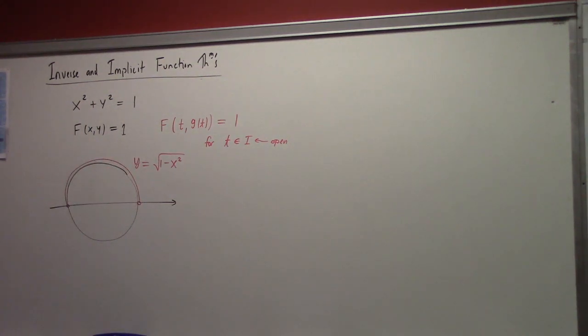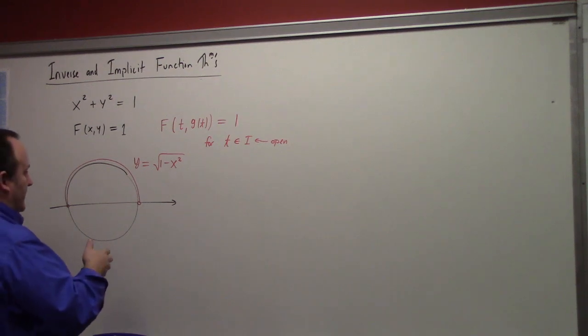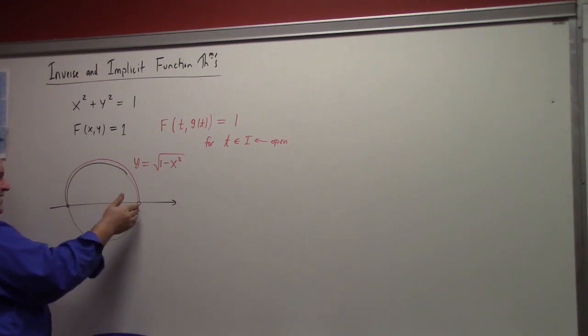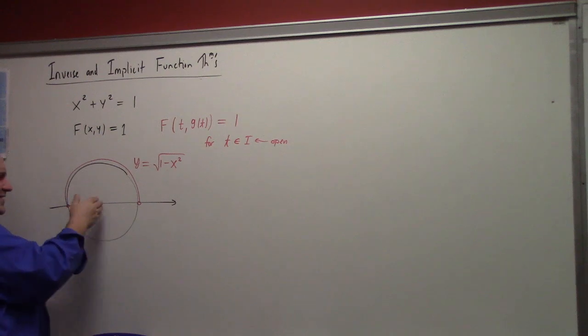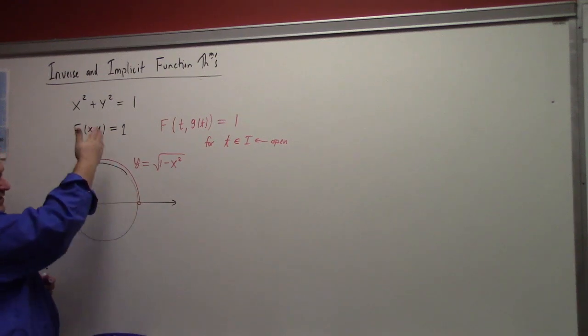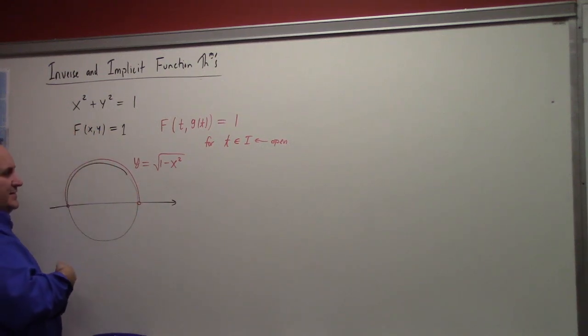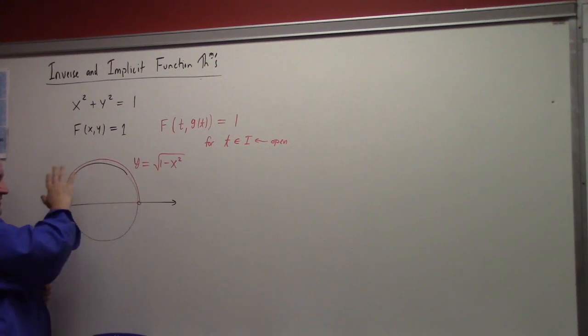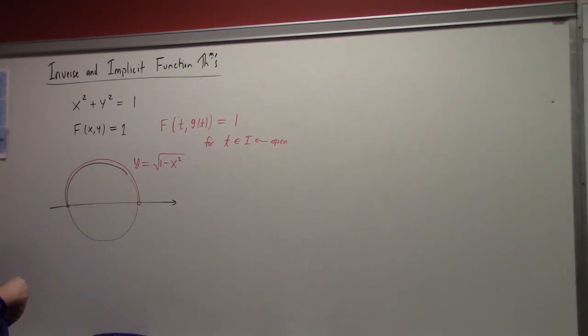So I'm looking for a way to solve the level curve equation, writing y as a function of x for all x in some open interval, right? I've used t instead of x just for the sake of it. I can't include the endpoints because if I go past it, then I'm up against the vertical line test. That's all I can get away with, right?